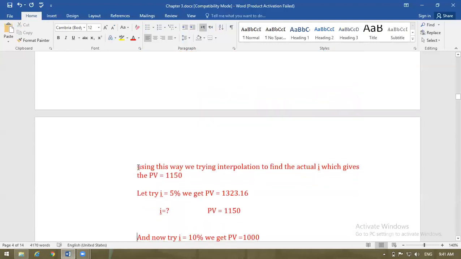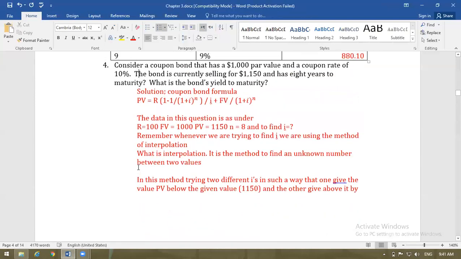So first of all, I try I equal to 5%. All remaining values are with me: R is equal to 100, future value 1000, number of years 8, and I use I equal to 5%.